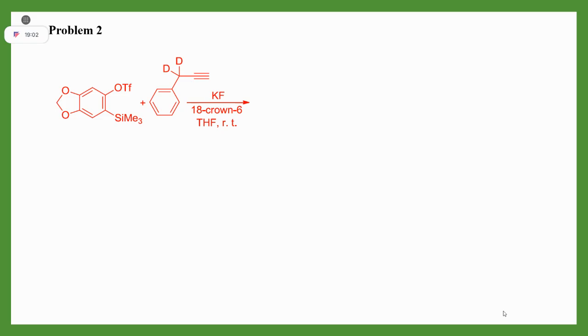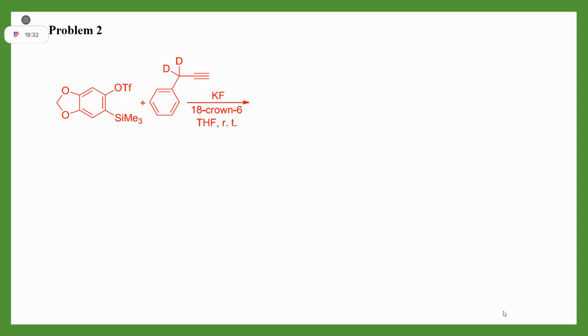Basically, this protected, what we can call it, ketal is given to you, right? And made to react with this alkyne in presence of KF. Forget about the answer. Just tell me, just looking at the reaction conditions, what is your first step? Okay, let me tell you the functions of every reagent, right?